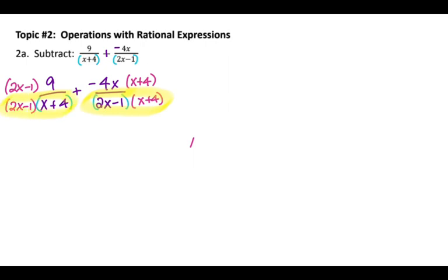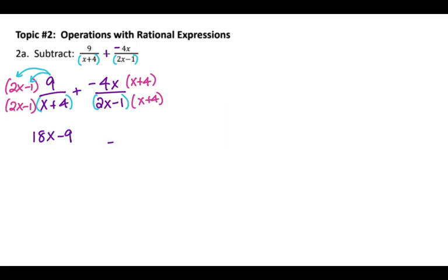So now that my denominators are the same, I can go ahead and start to simplify those numerators. And in order to simplify, it's just a lot of distribution and combining like terms. So I'm going to go ahead and distribute this 9 into that first parenthesis. So that gives me 18x minus 9.